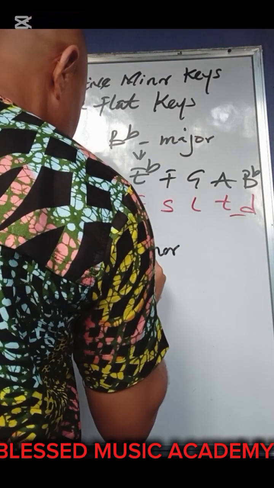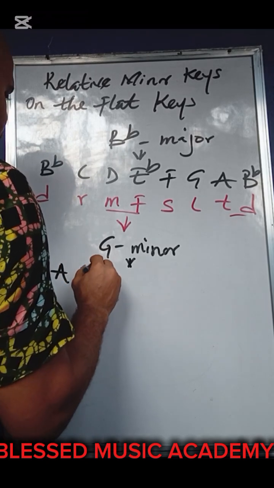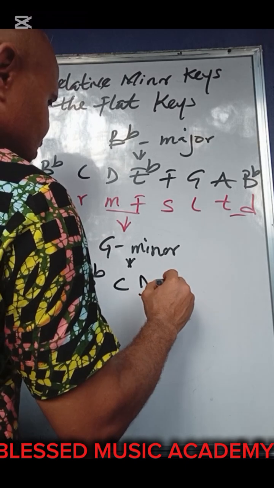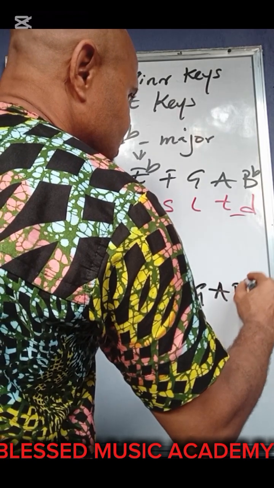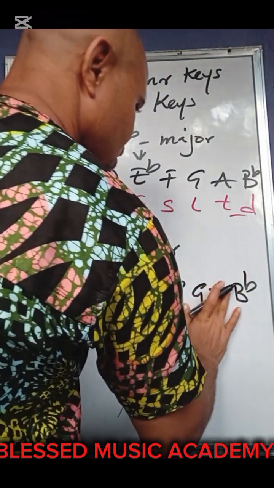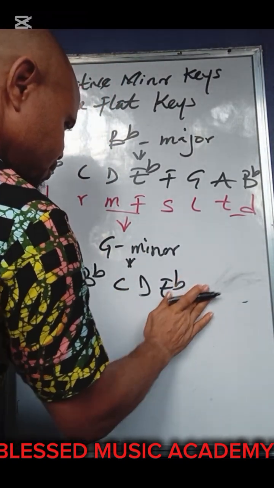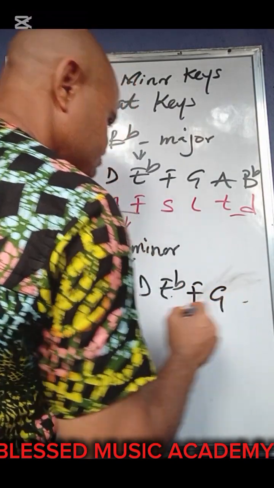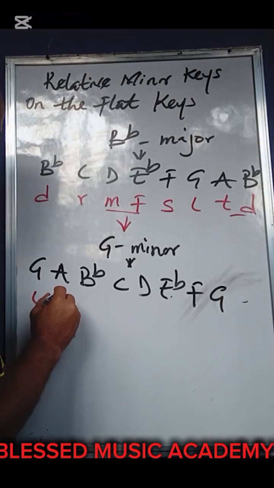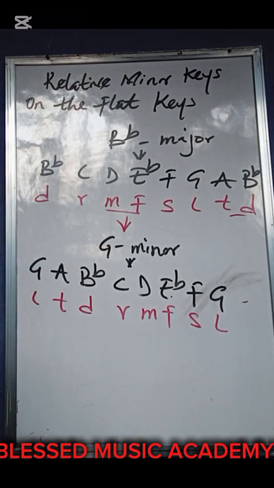So this is G, A, B flat, C, D, E flat, F, and G. This is the same thing as la, ti, do, re, mi, fa, sol, la. Okay, that is it.